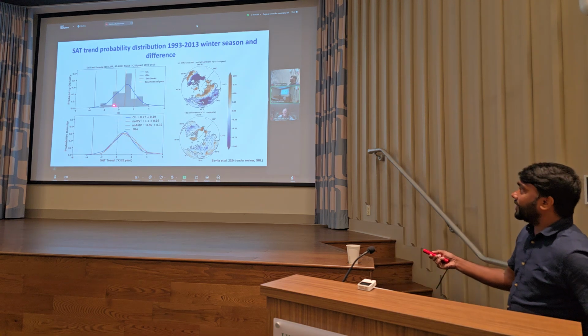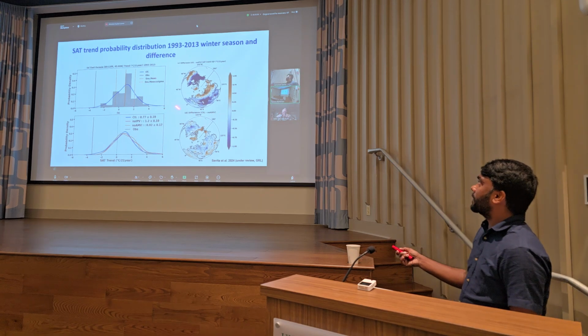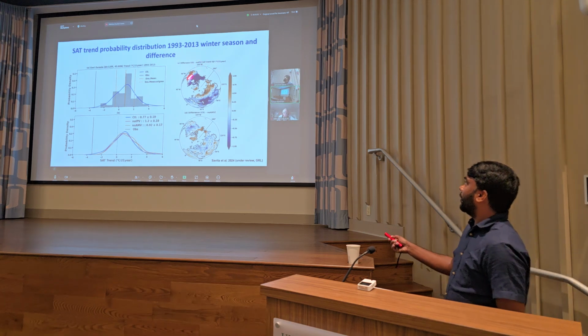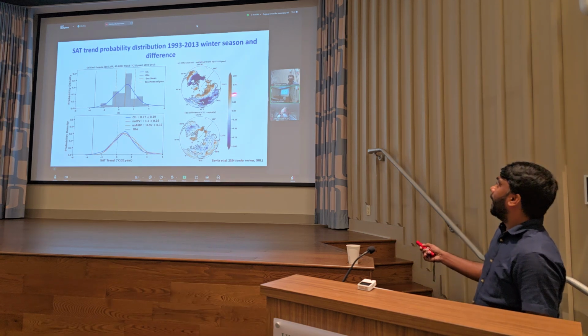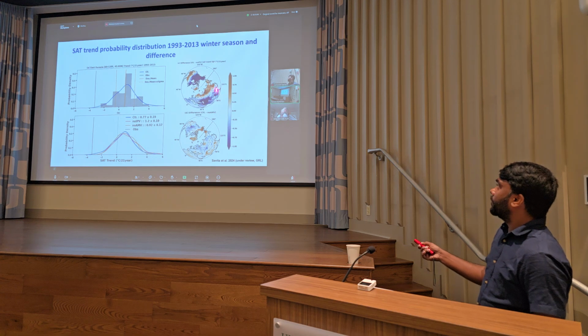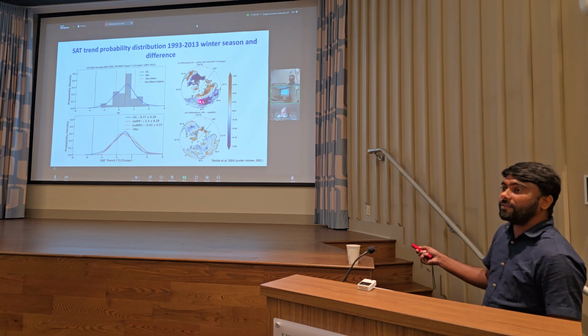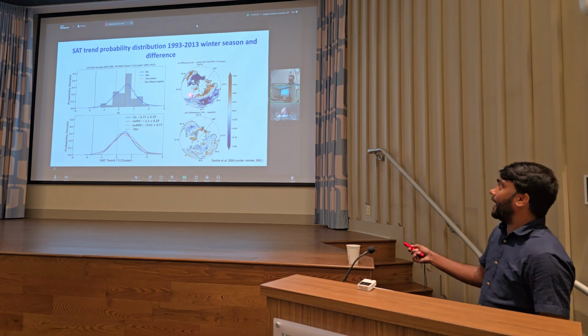To investigate further, I used another metric in which I computed the difference between control minus no IPV, shown on the top panel, and control minus no AMB, in the bottom panel. If you remove the IPV, there is a cooling trend. That means the cooling we were seeing in the Eurasian region is driven by the IPV, and it is significant.